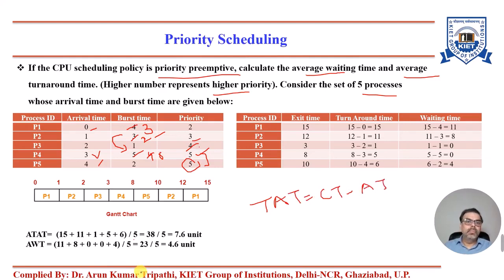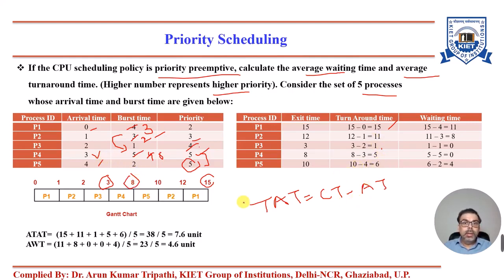The completion time for process P1 is 15 and arrival time is 0, so 15. For P2, completion time is 12 and arrival time is 1, so it is 11. For P3, completion time is 3 and arrival time is 2, so turnaround time is 1. For P4, the completion time is 8 and arrival time is 3, so 8 minus 3, 5.